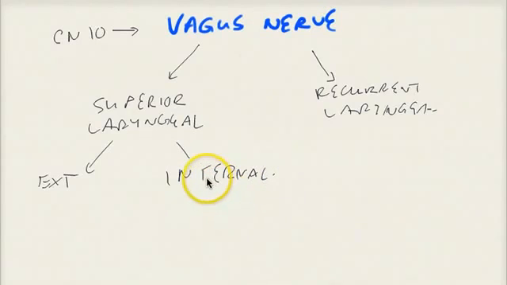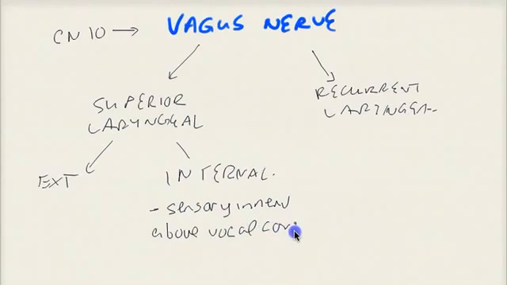The internal branch of the superior laryngeal nerve doesn't innervate any muscles, but it provides sensory innervation above the vocal cords. Now, the only thing that the external branch of the superior laryngeal nerve is going to innervate is the cricothyroid muscle.